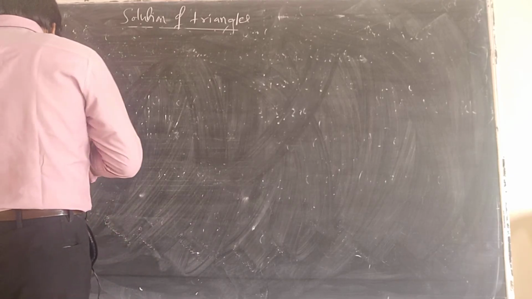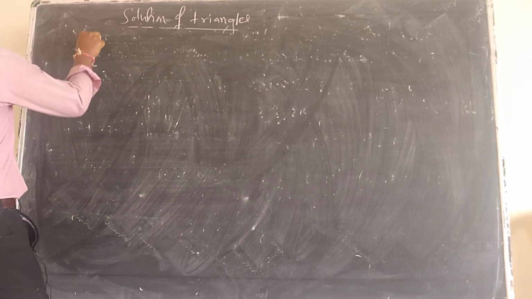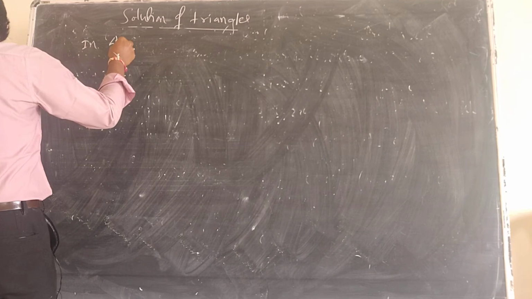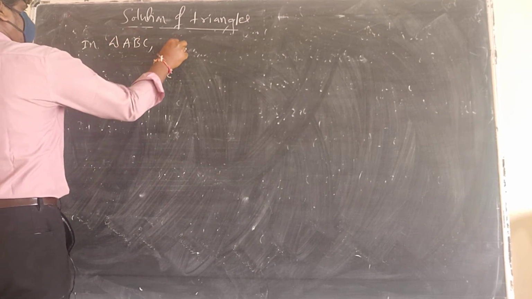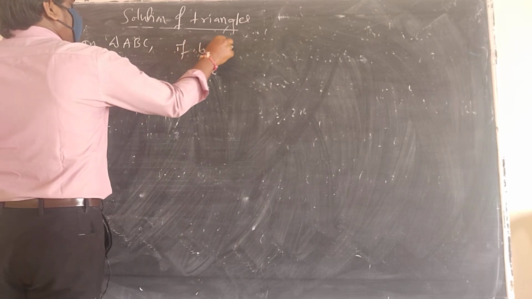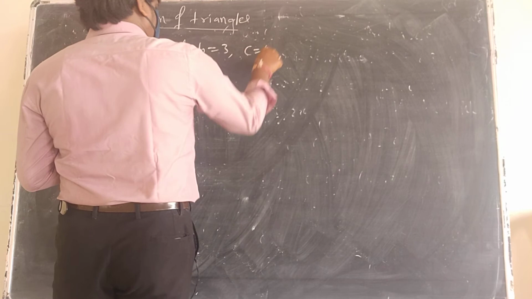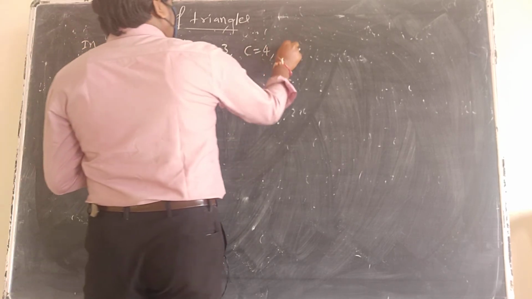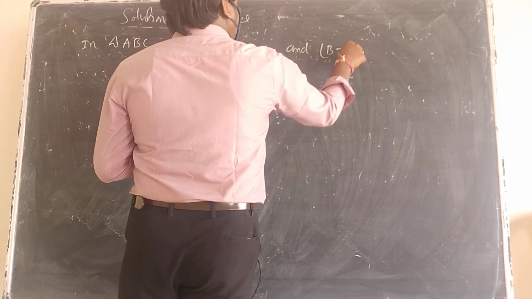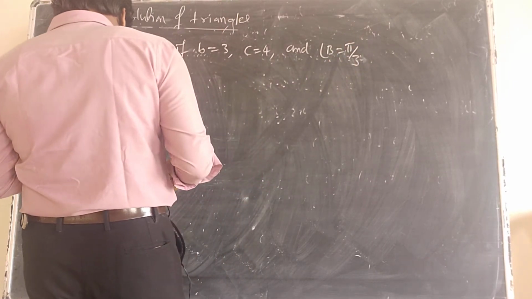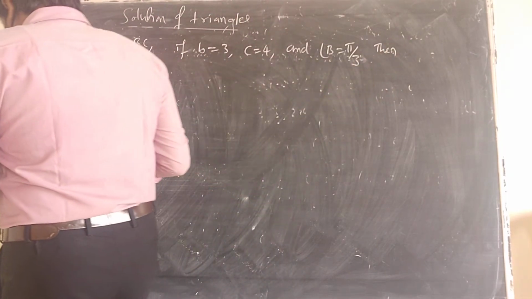Next question. In triangle ABC, if b is equal to 3, c is equal to 4, and angle B is equal to pi by 3, the number of such triangles formed.